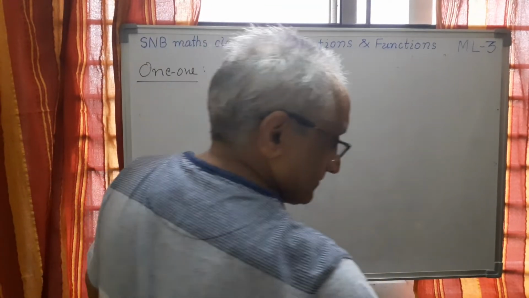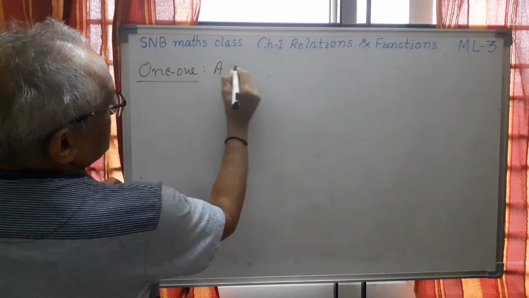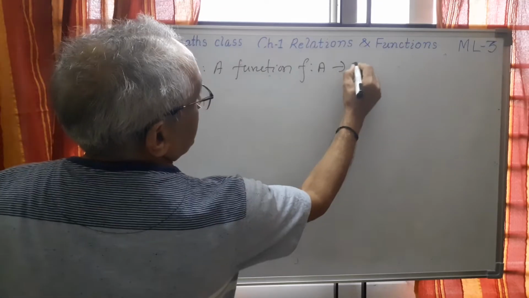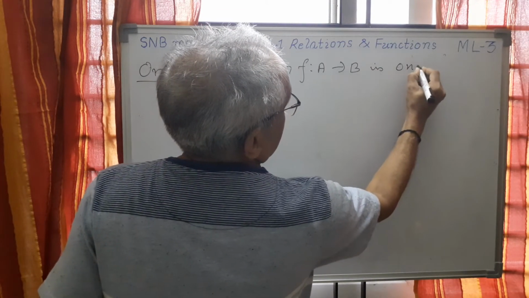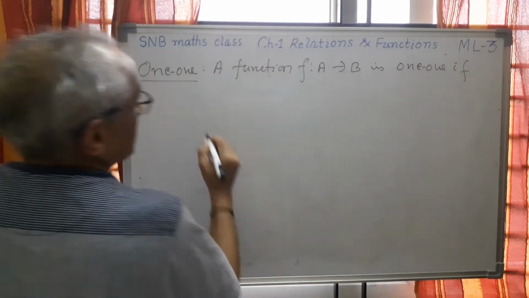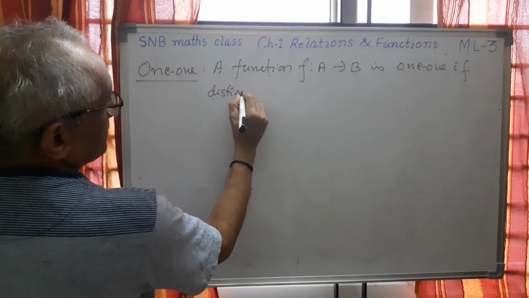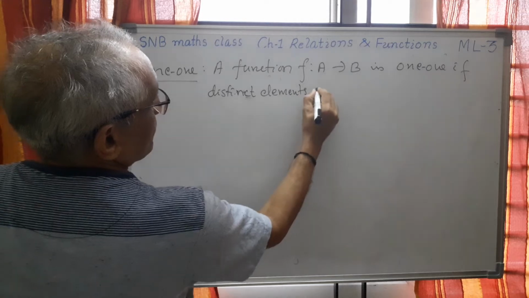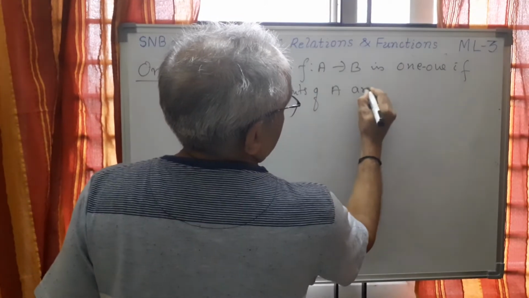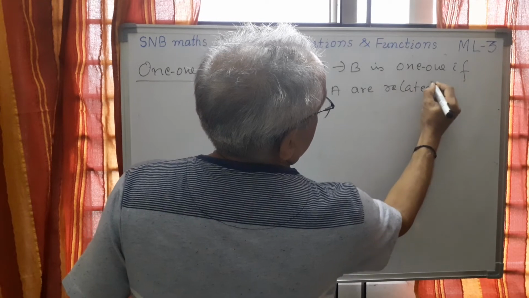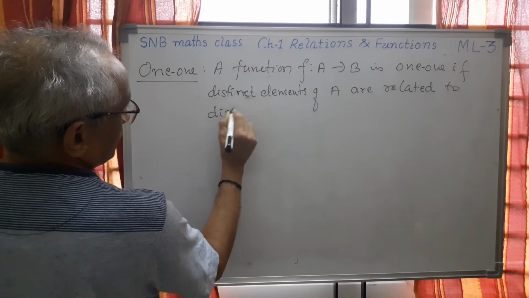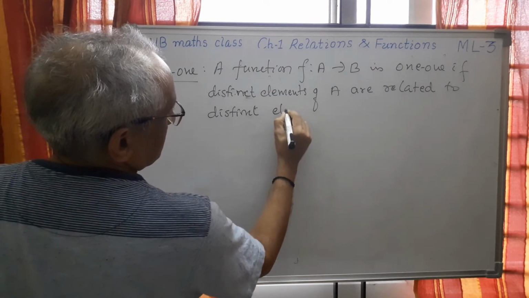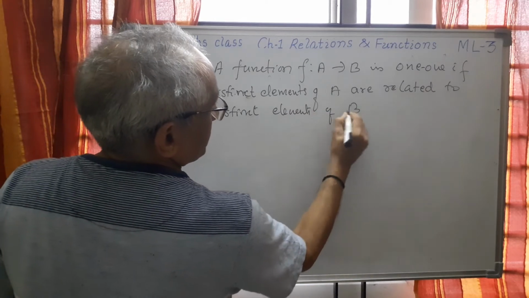Now let me give the definition. Definition is this. A function f from A to B is one-one if distinct elements of A are related to distinct elements of B. So this is the thing.